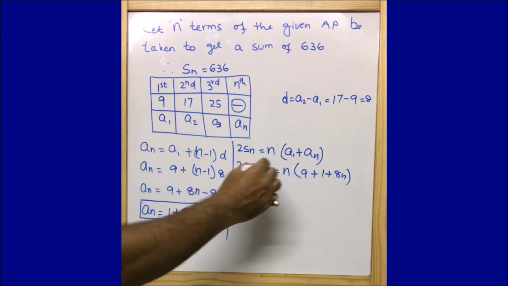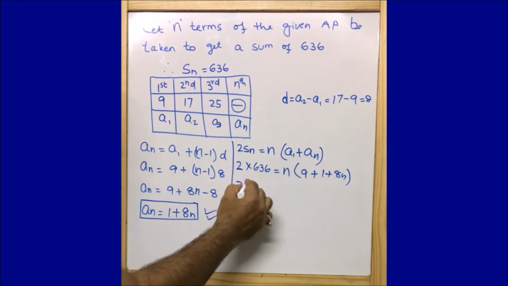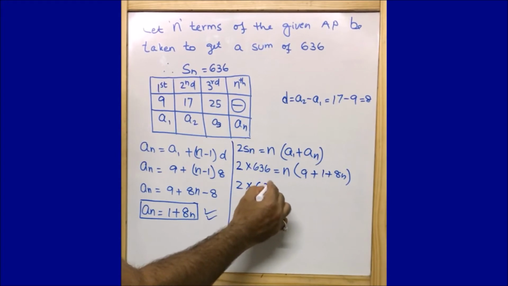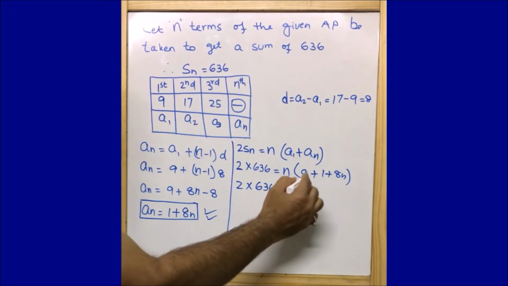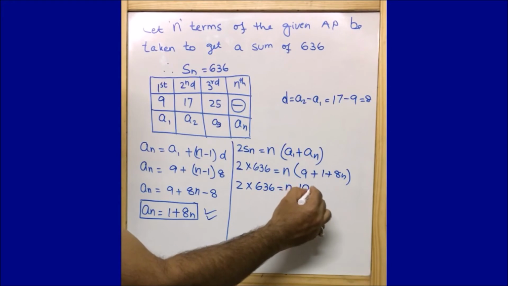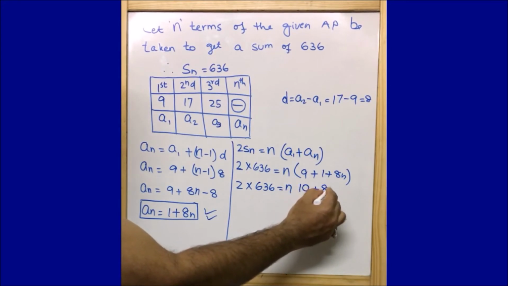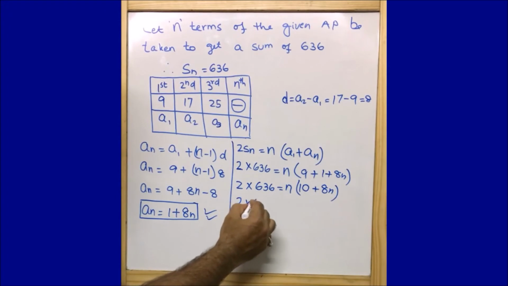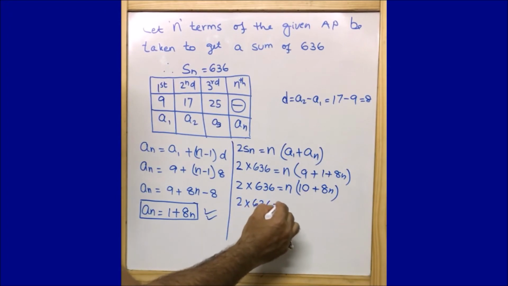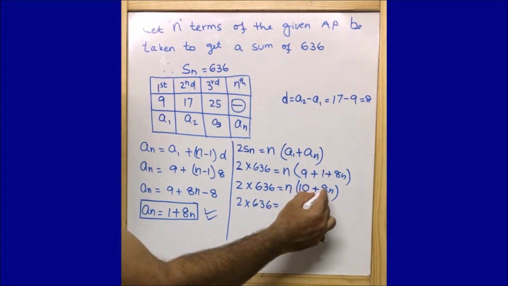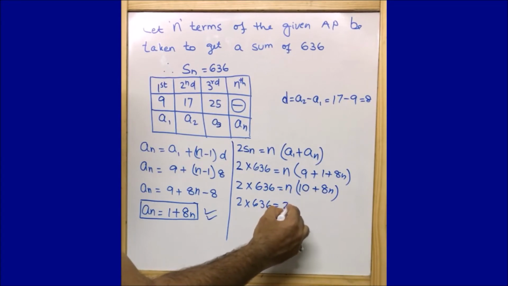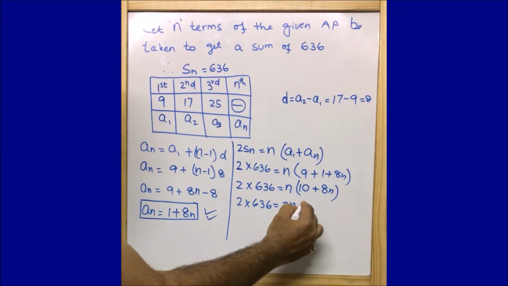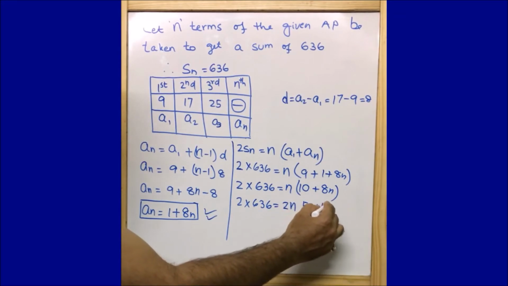Now for solving this equation, I am getting 2 into 636 is equal to n into 9 plus 1, which is 10, plus 8n. Here 2 is the common multiple of 10 and 8, so moving 2 out, I can write 2n is equal to 5 plus 4n.